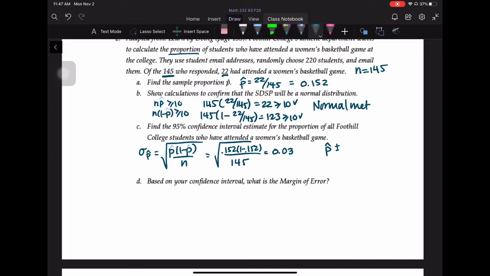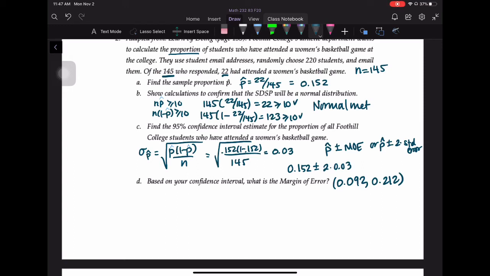Remember that our confidence interval is P hat plus or minus the margin of error, or P hat plus or minus 2 times the standard error. We're going to take 0.152 plus or minus 2 times 0.03 and get the interval 0.092 to 0.212. So we're confident 95% of the time our interval of 9.2 to 21.2% will capture the true proportion of people who have attended the women's basketball game.